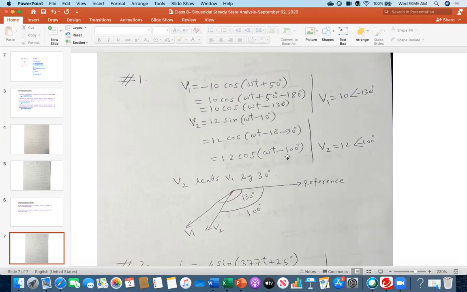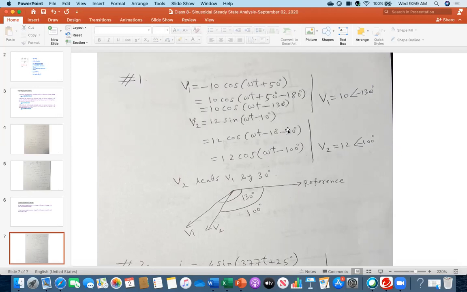Yeah. So as I was telling you, you may not need to draw this, or take the help of this. For the first time, I am telling you, just by comparing these two, you can conclude. That is the reason I converted into cosine. This one is cosine. Look at the number.